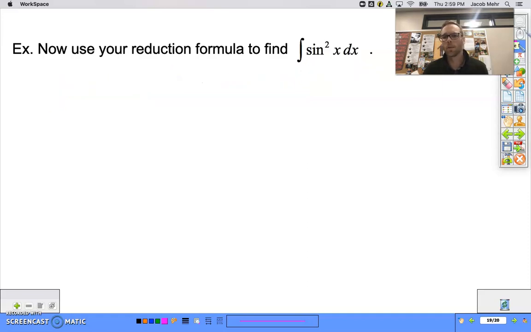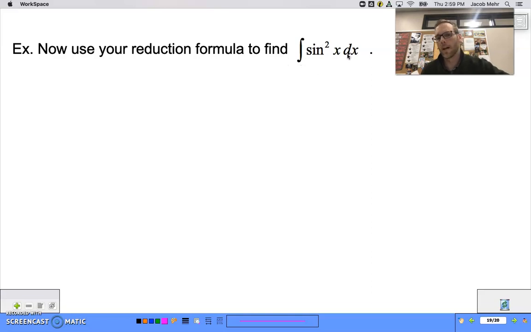But let's just put this into application here. How does our reduction formula help us find the integral of sine squared of x dx? We don't have to go through all that work of integration by parts again, especially if we have to do it multiple times. On this one, our n equals 2.